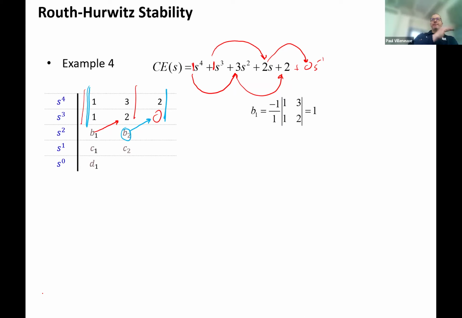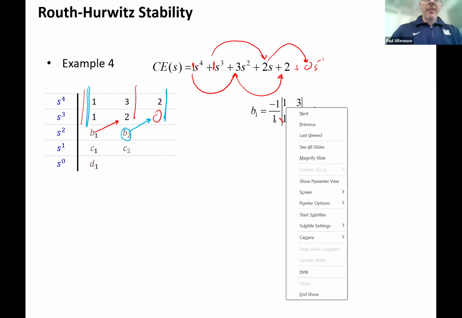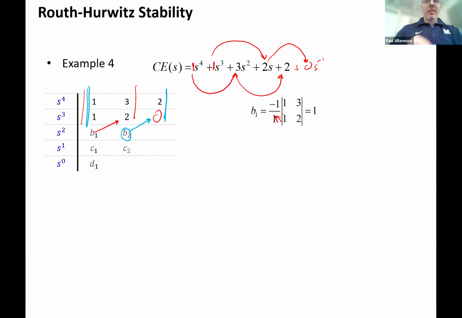So here's B1. 1, 3, 1, 2, -1. And don't forget, you always pull this number there. So if you're ever confused, you just pull the lower left-hand number and you pull that out because that's what you're dividing.